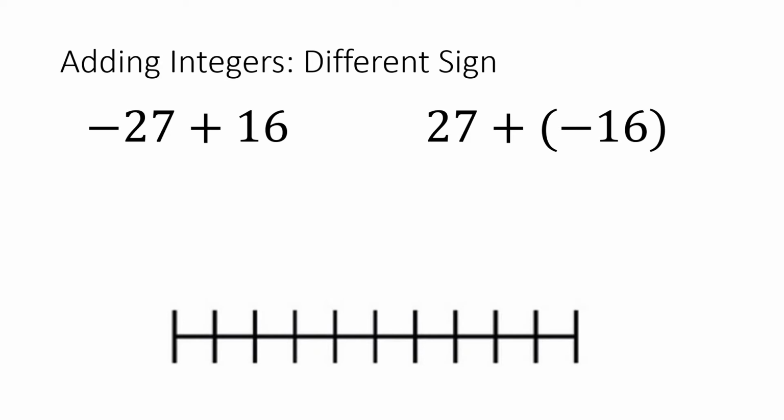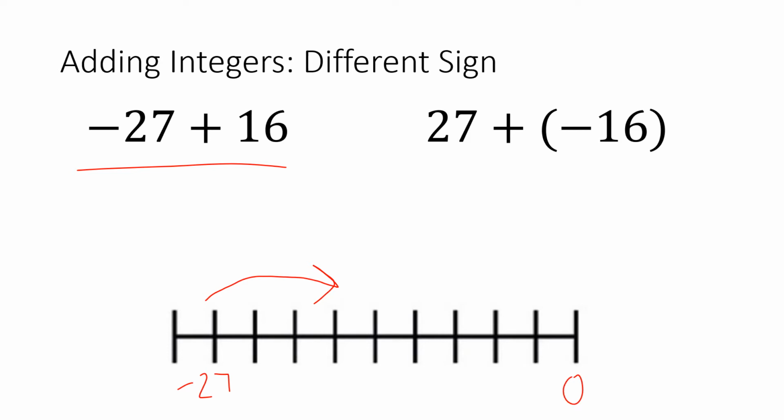So now, if we're adding integers with different signs, if you think about a number line, let's look at this first one, negative 27 plus 16. If I'm at negative 27 and I'm adding 16, that means that I'm going to be getting closer to 0 because I'm going more toward the positive.